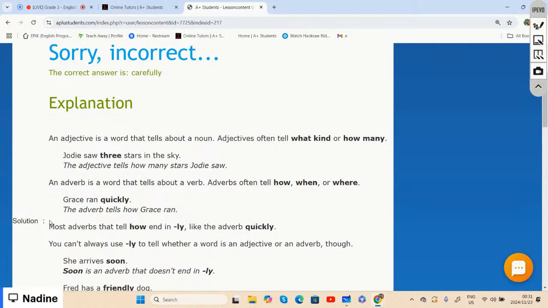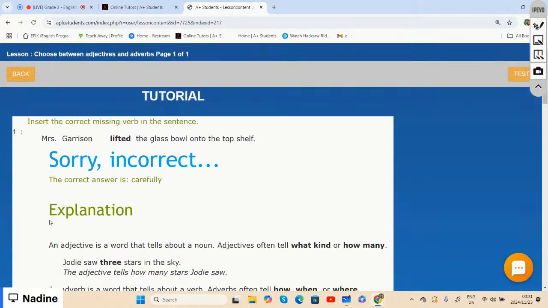Keeping in mind, adjectives tell us about the noun, and adverbs tell us about a verb. So we are going to insert the correct missing word within the sentence.